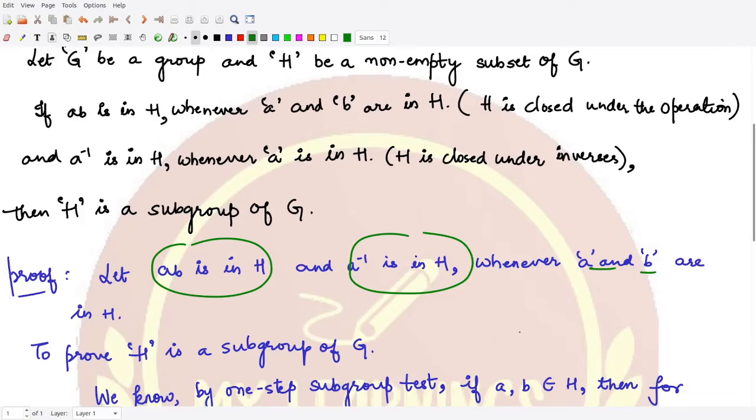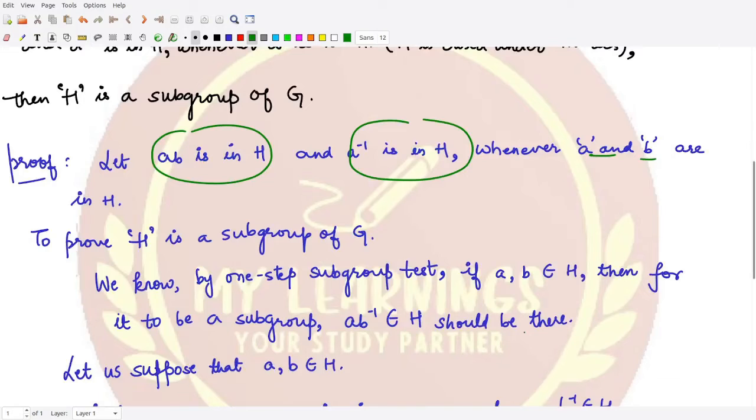According to the one-step subgroup test, we know that for H to be a subgroup of G, AB inverse should be there in H. So we'll make use of the one-step subgroup test by making use of these assumptions.